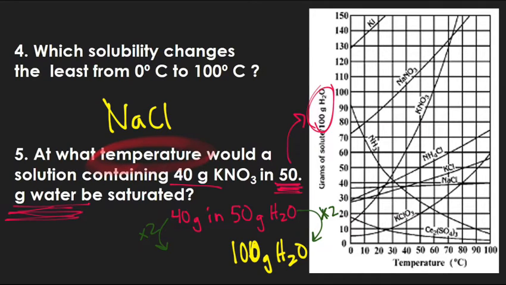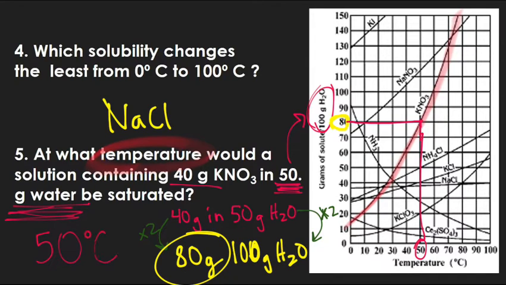So what I should be looking at on the graph is 80 grams of our solute, 80 on our y-axis, and following that over to our KNO3 line, and then down, and if we do that, it hits almost exactly here at 50 degrees Celsius. So that is our answer. 50 degrees Celsius is when 40 grams of potassium nitrate would dissolve in 50 grams of water.